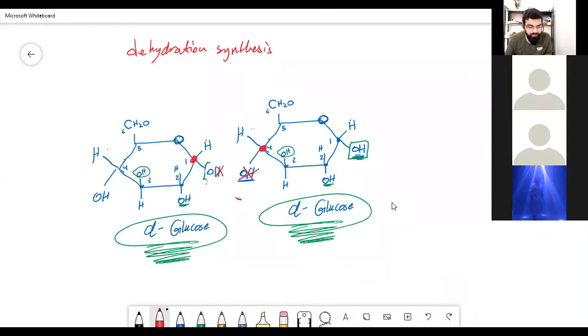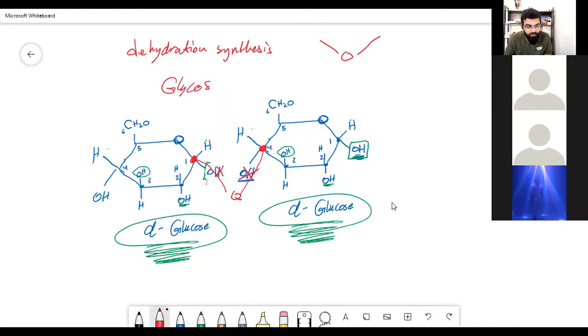So what's left? Oxygen linking carbon and carbon. So carbon, oxygen, carbon. So the bond will be like this. Is it easy? Because the OH cancelled and the hydrogen from here cancelled. This is the glycosidic bond.